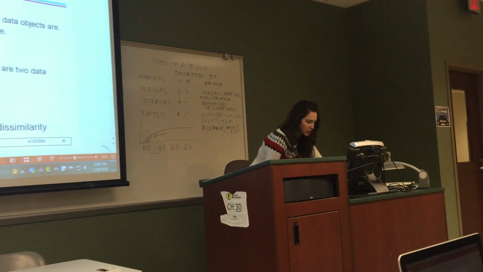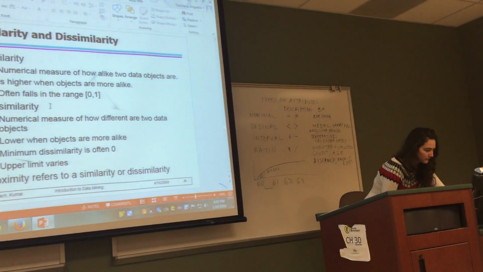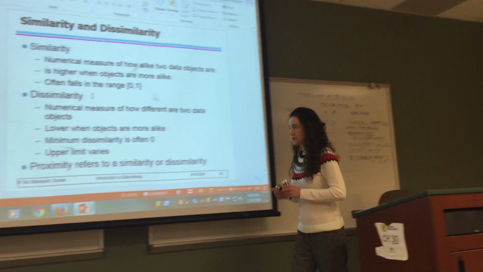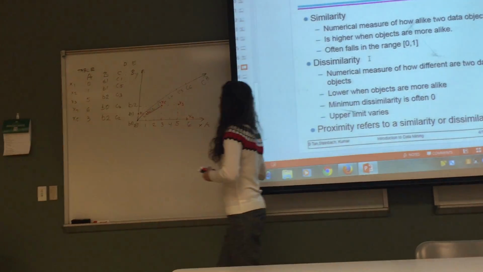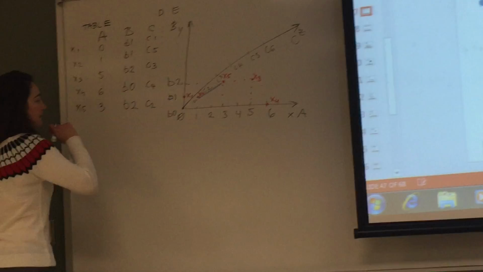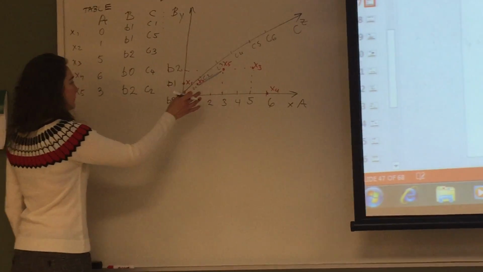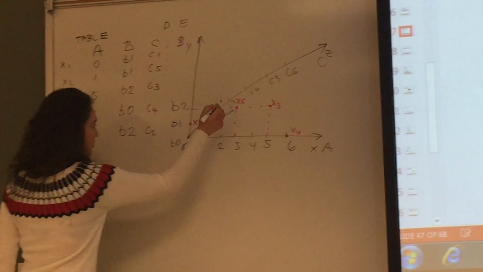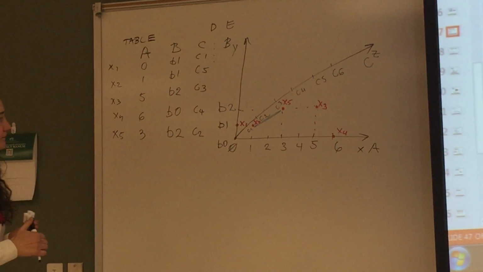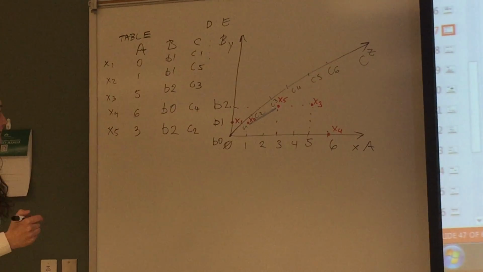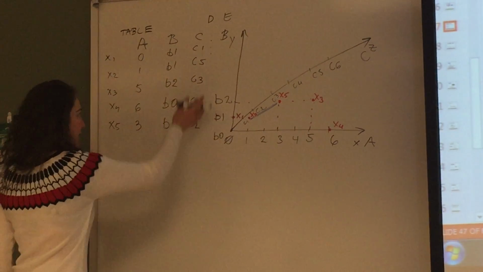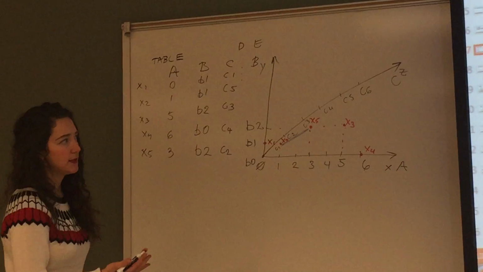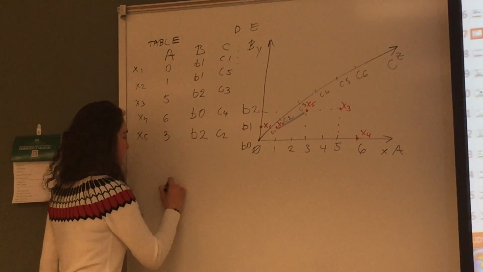One of them I already mentioned earlier: the distance between x2 and x5, calculated by subtracting the values for one attribute of the first object from the value for the same attribute of the second object, and then doing the same for the second attribute. That was the Euclidean distance. That's one type of distance that we can measure.